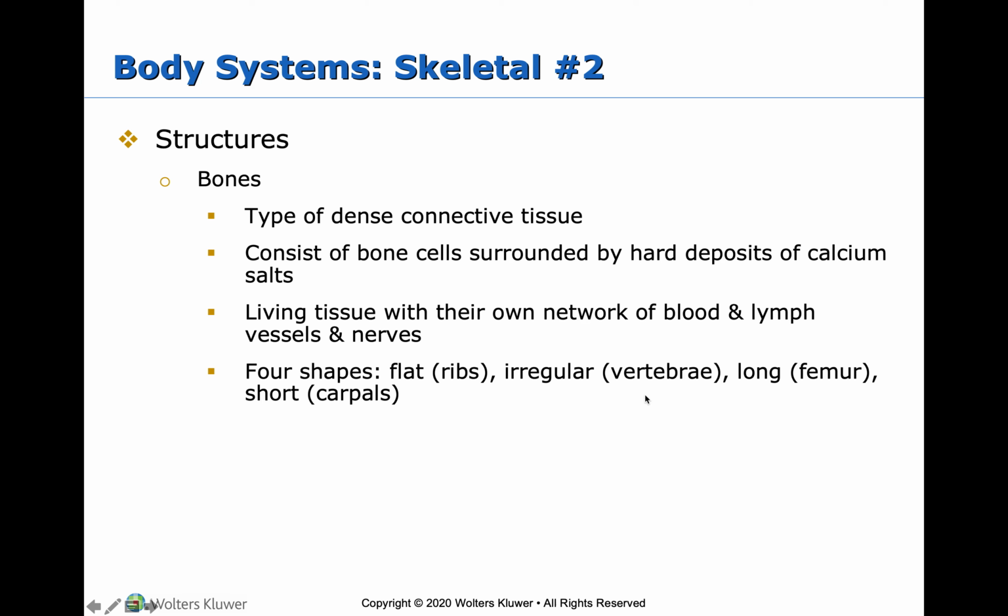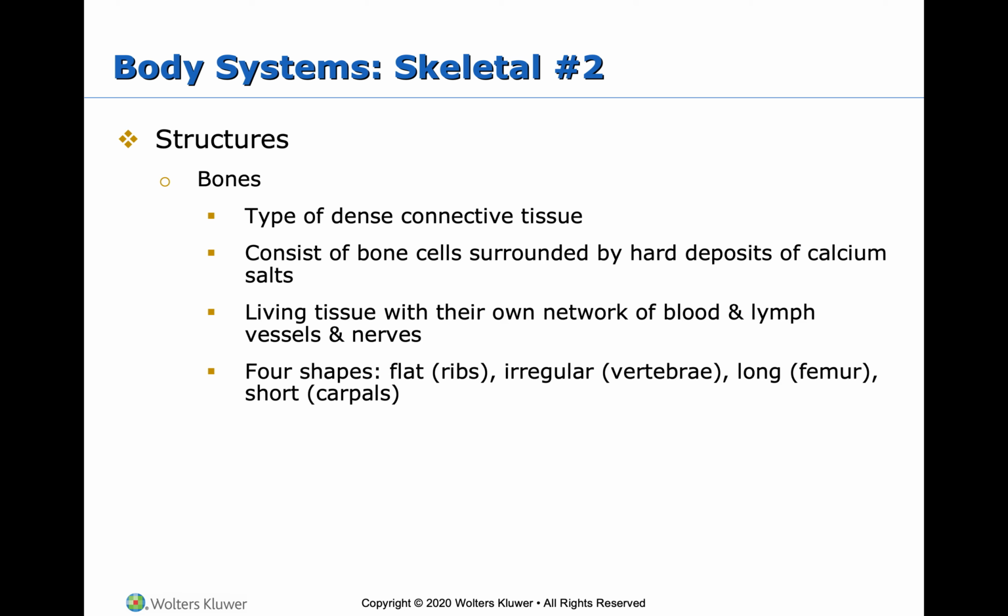They are living tissue with their own network of blood and lymph vessels and nerves. So you actually have blood vessels, veins and arteries that go into your bones. As crazy as that sounds, it's very true.